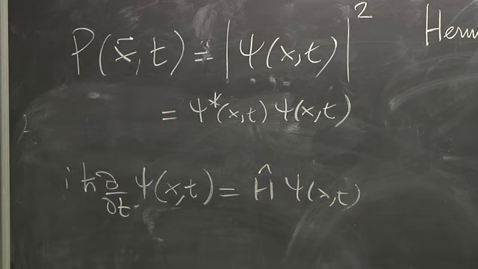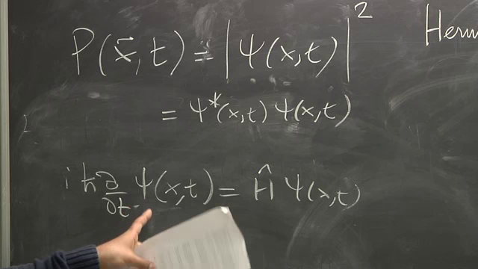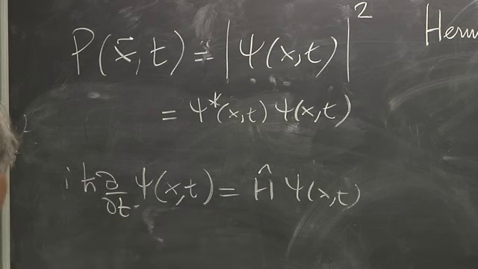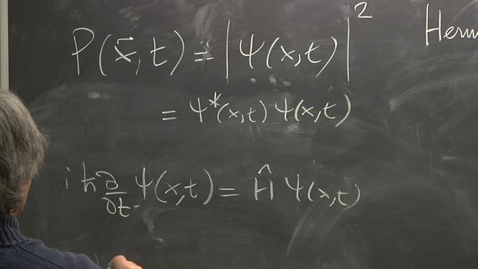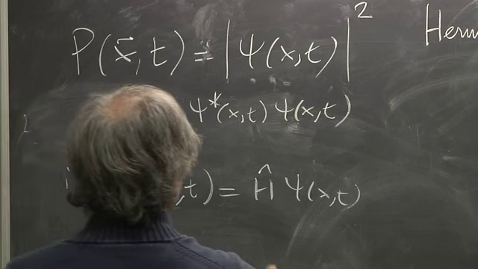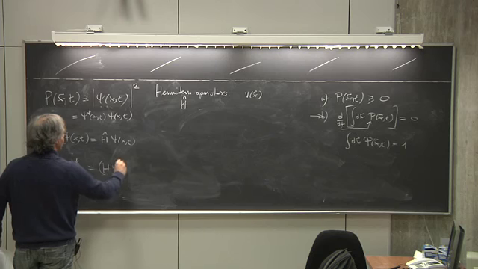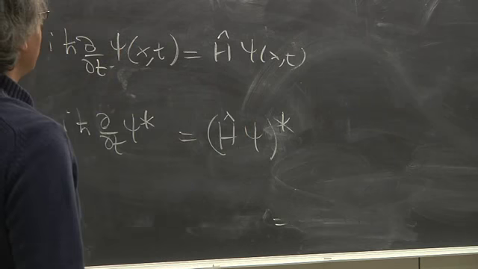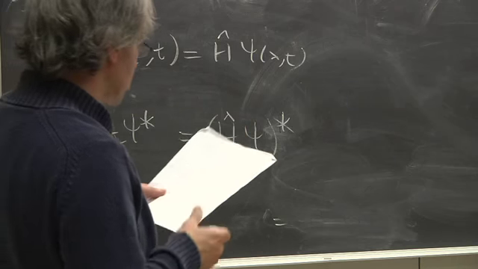Okay? Well, but then you know also what happens to psi star. Just take the star of this thing, and I have that minus i h bar, the derivative with respect to t of psi star is equal to H psi star. All right? Simple, right?